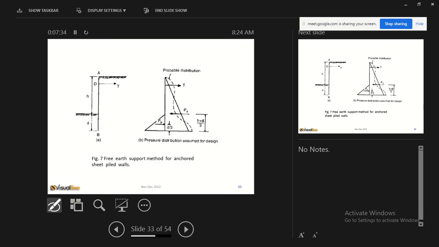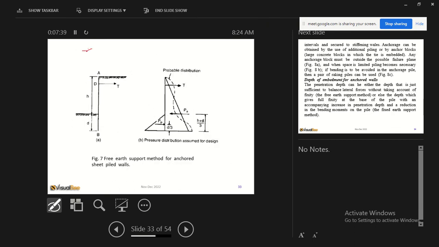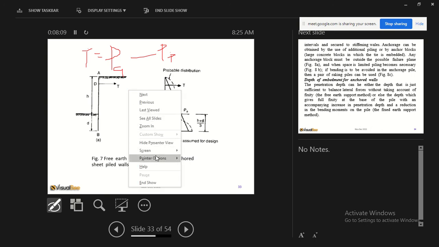So here we say that the tensile force, not the anchor force, would be the passive force minus the PP. But if we only knew this distribution, right? For simplicity, sometimes we can assume that this is linear, but you can see the assumed pressure distribution is different from the actual pressure distribution.